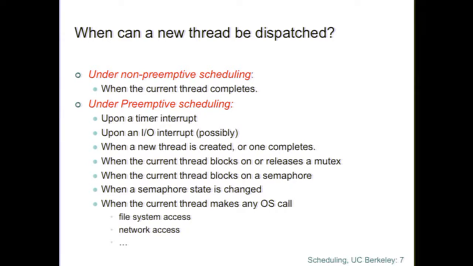So under preemptive scheduling, the thread scheduler gets to make a decision whenever the timer interrupt kicks in, but also possibly any operating system function gets called, okay? So typically, an operating system function could invoke the thread scheduler and decide to suspend the current thread.